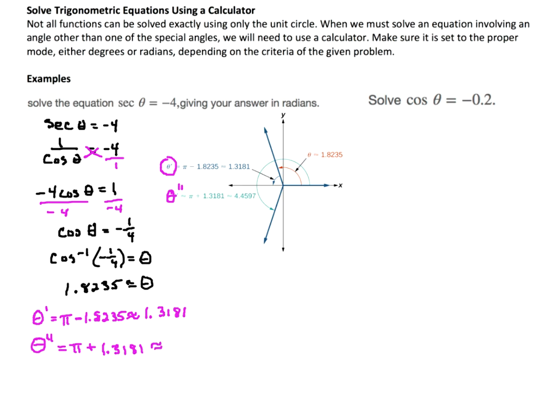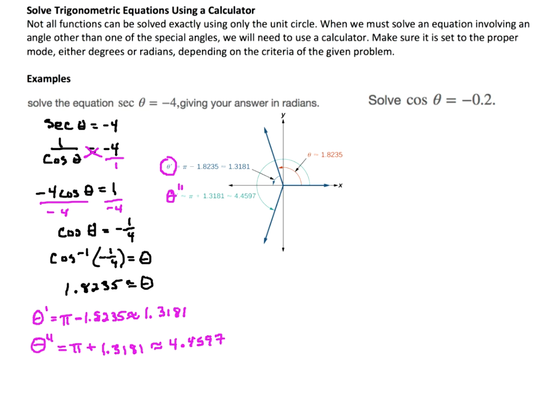And when I put that into my calculator, I get that my other possible solution is approximately 4.4597.